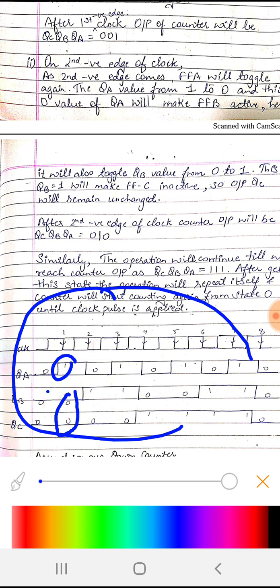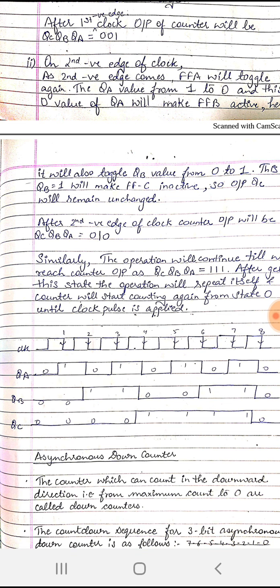At the second edge, QA becomes 0 and QB becomes 1, whereas QC remains 0, and that is how it will go on. You can easily make the timing diagrams according to your transition table, or how the clock is changing the output of subsequent flip-flops.